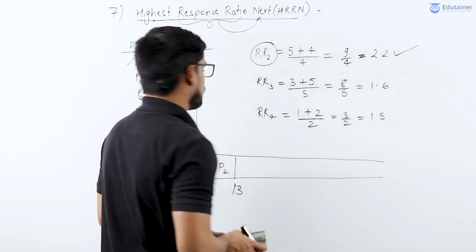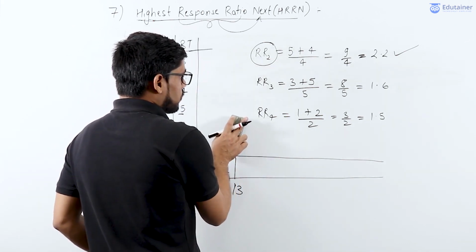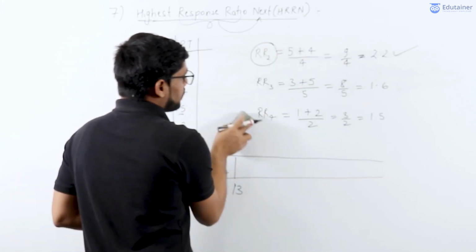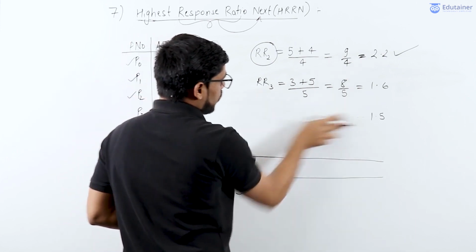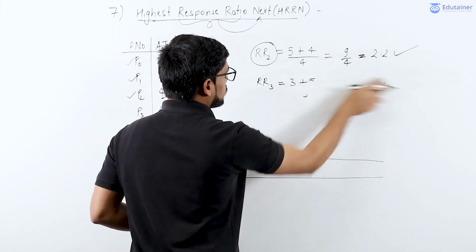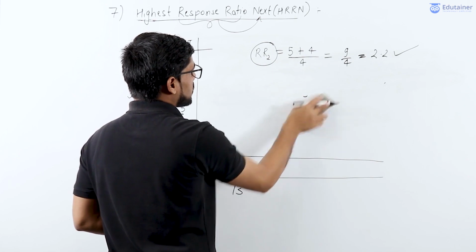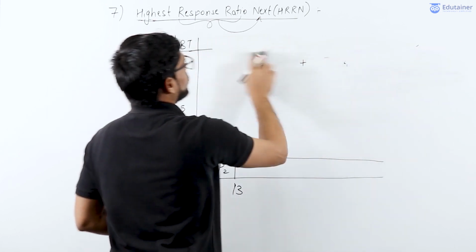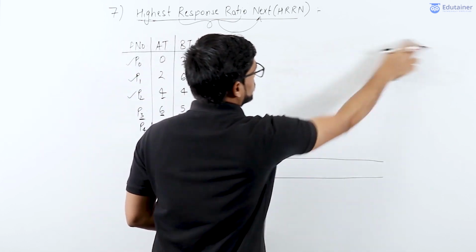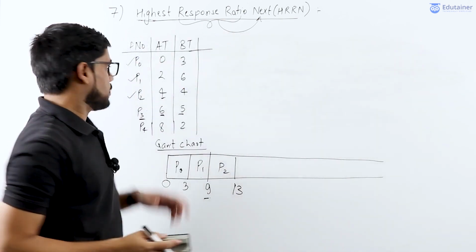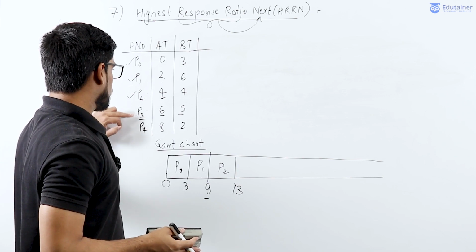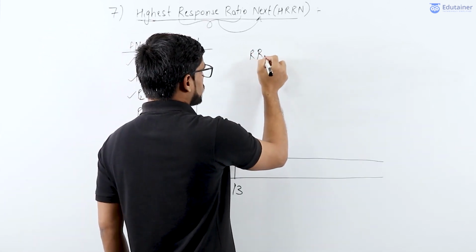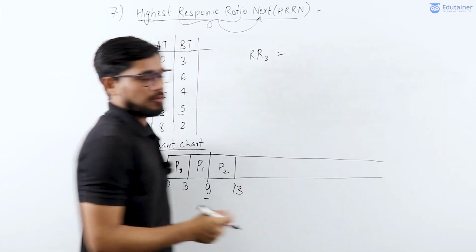After completing P2, we again compute the response ratio of the available processes. Only 2 processes remain, since P0, P1 and P2 are completed. The remaining are P3 and P4, so we have to find the response ratio of P3 as well as of P4.